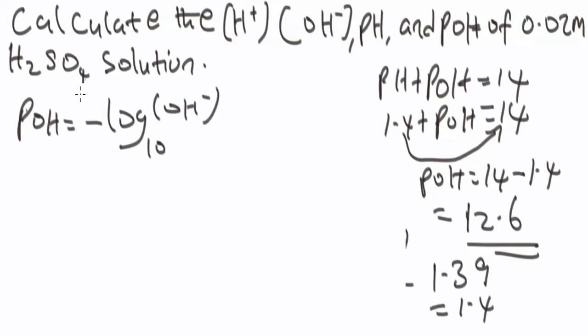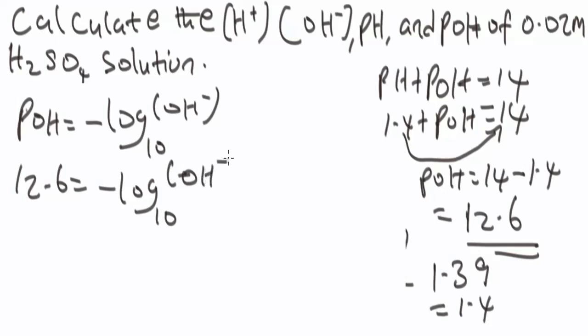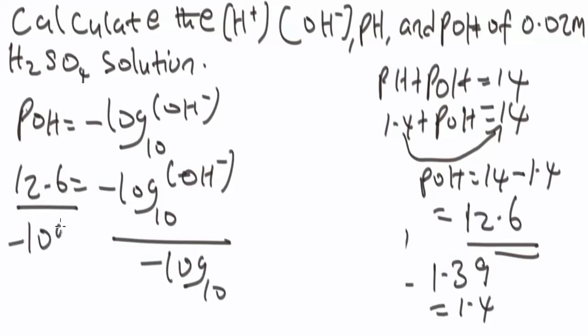I have a pOH of 12.6 equals negative log base 10 of the hydroxyl ion concentration. To make the concentration the subject of the formula, you divide both sides by negative log base 10. So this negative log base 10 cancels this negative log base 10.